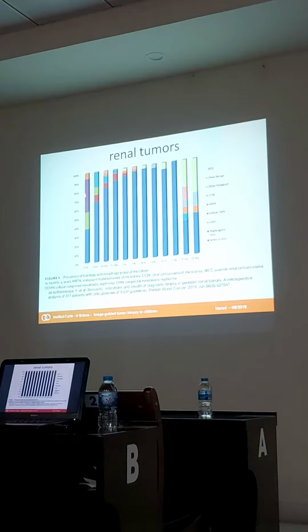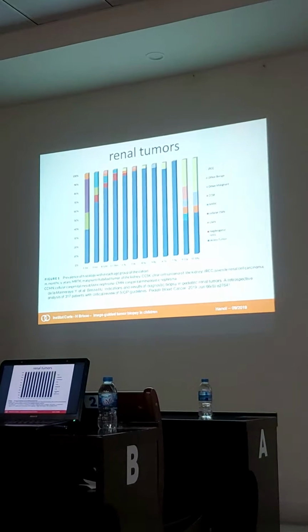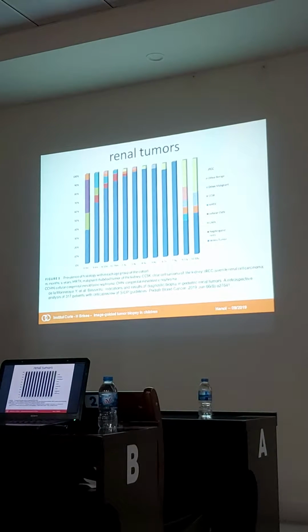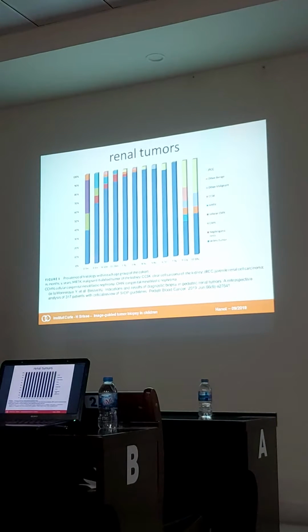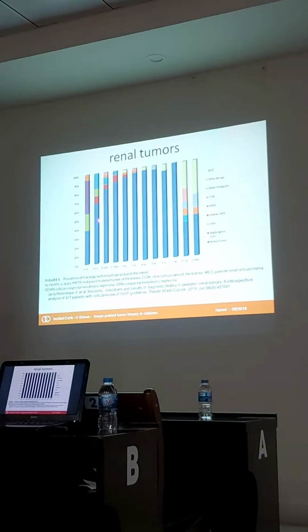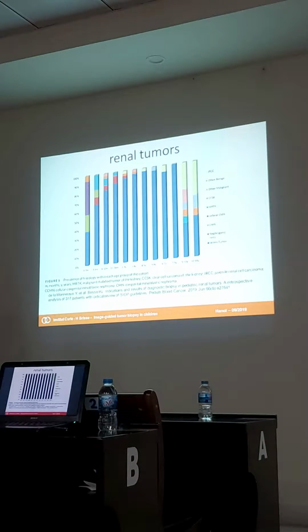So during the first months of life, the patient is usually operated first. But from 3 months of age until 9 years, the main tumor you can see in children is Wilms tumor, the blue one. So the other histologies are very exceptional.